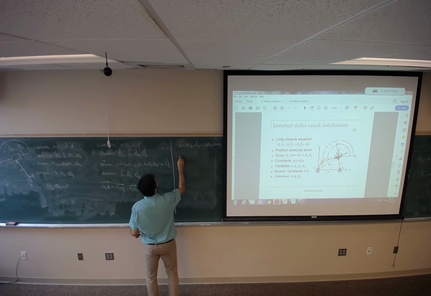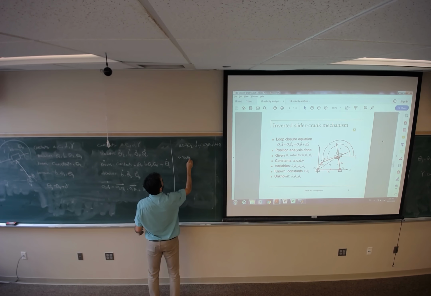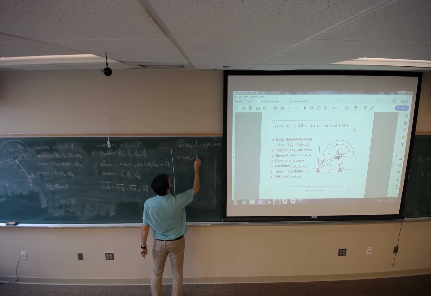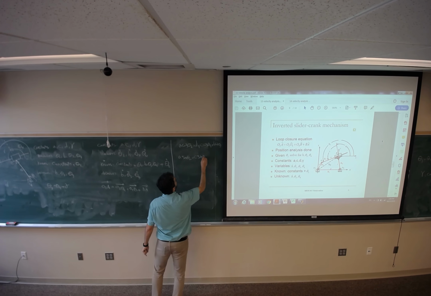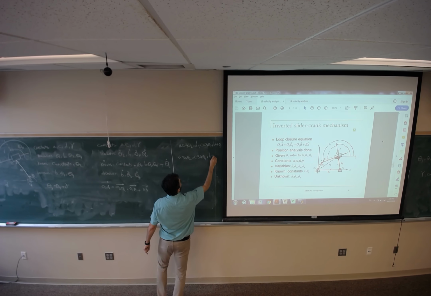And A sine of theta 2 equals C sine of theta 4 plus B sine of theta 3.